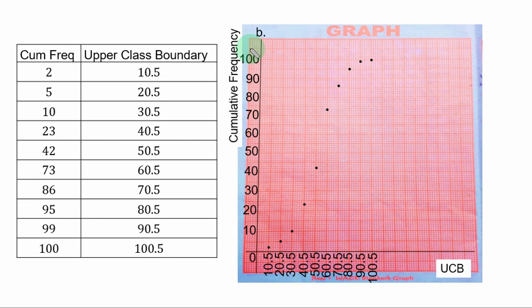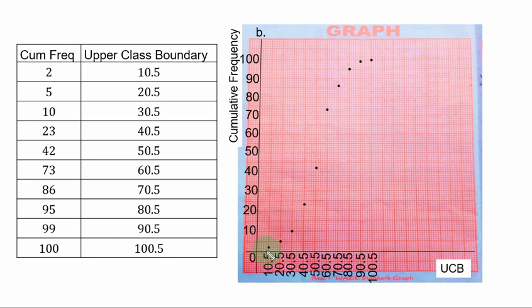From the origin to the end of the first box is the first upper class boundary, and so on. If you observe very well, the difference between the upper class boundaries is 10. So if we have 5 lines here, that means one line is 2.